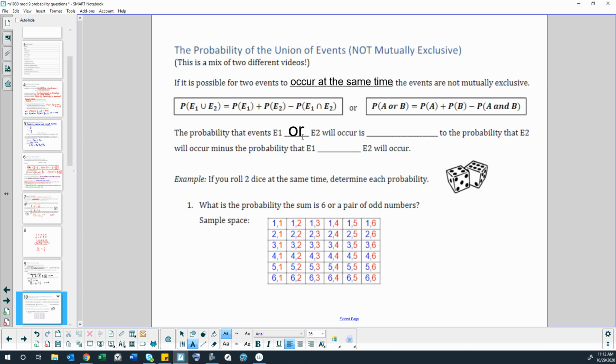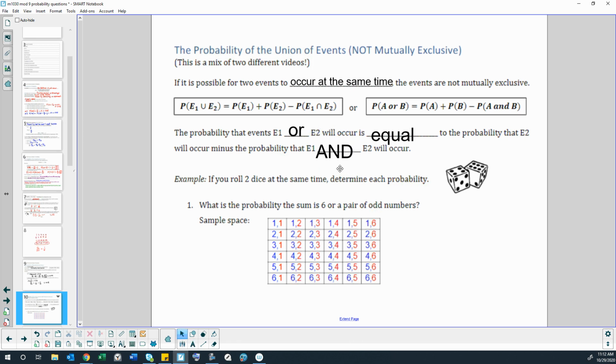The probability that events E1 or E2 will occur is equal, now I messed this up when I did these notes, so we're going to make some modifications here, to the probability that E2 will occur plus the probability that E1 will occur minus the probability that E1 and E2 will occur.